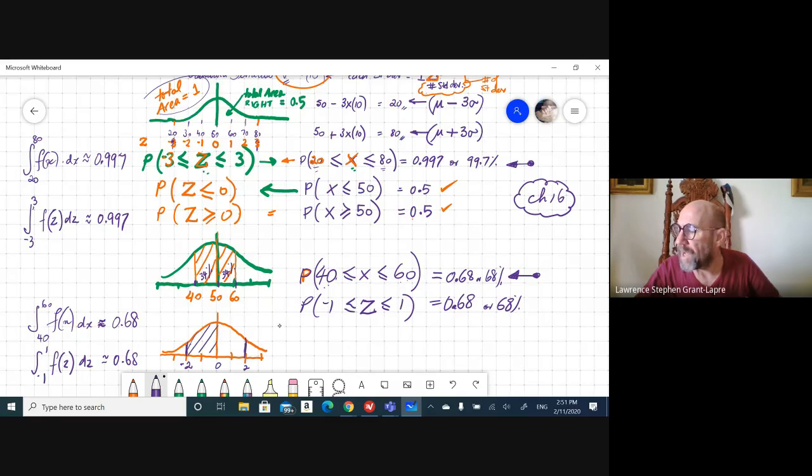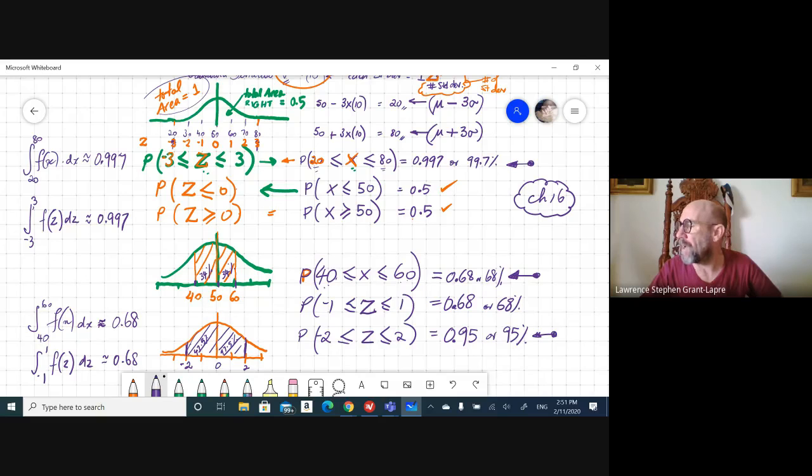We have a bigger area. This area is 47.5%. This area is 47.5%. Together, the probability from -2 to +2 is about 0.95 or 95%. There's the three numbers.